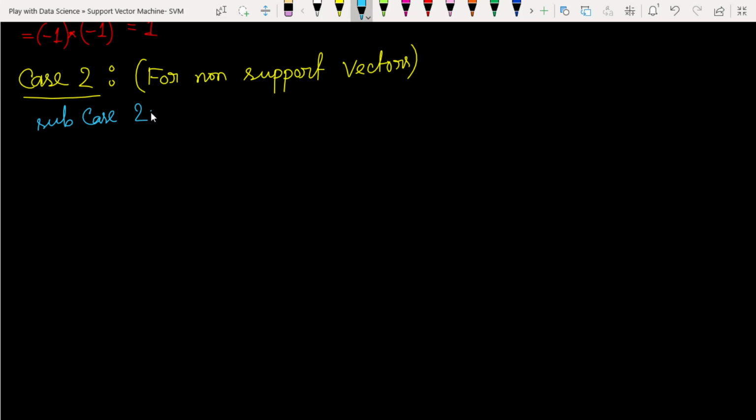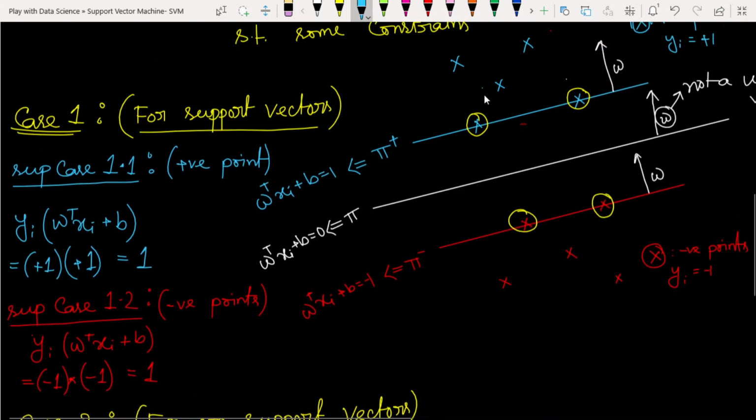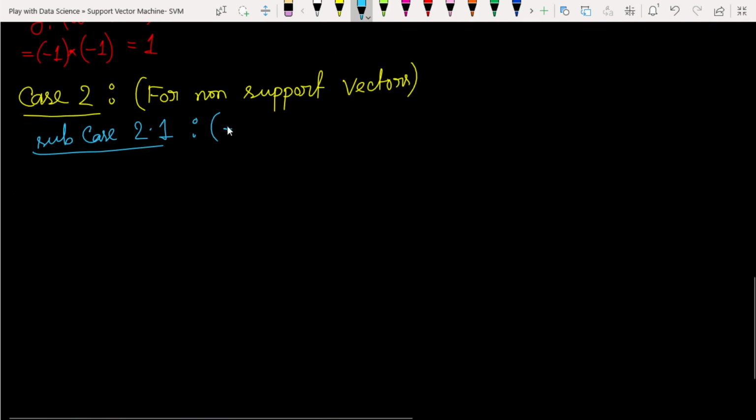Subcase 2.1. So subcase 2.1 will be what? Same as the previous one, here I am taking the non-support vectors for positive points only. So what will be the value here?